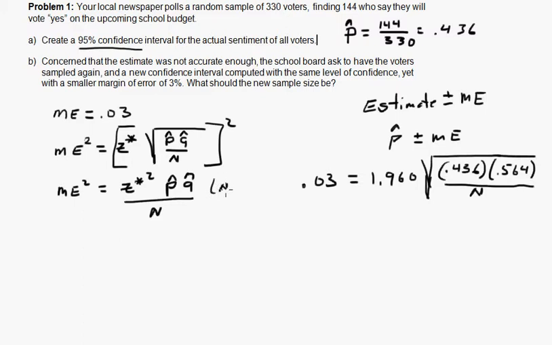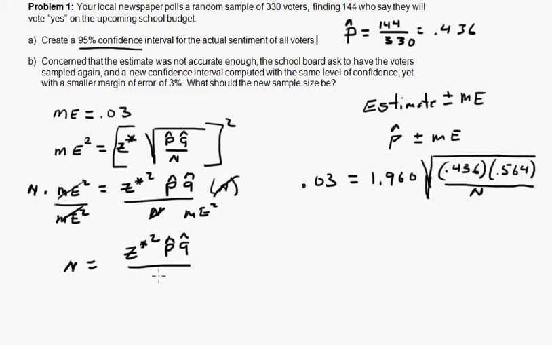I'll multiply both sides by n, and I'll divide both sides by the margin of error squared. So these cancel, and I get n equals z star squared times p hat q hat over the margin of error squared.